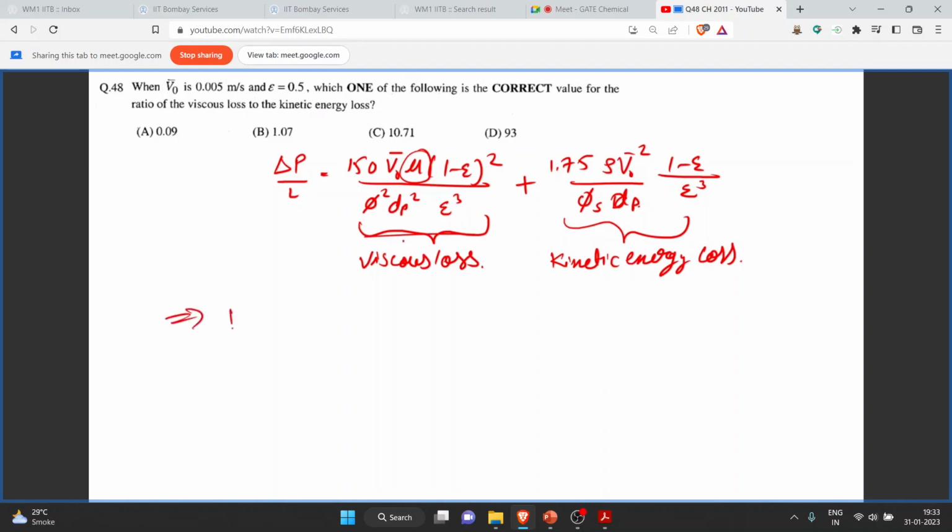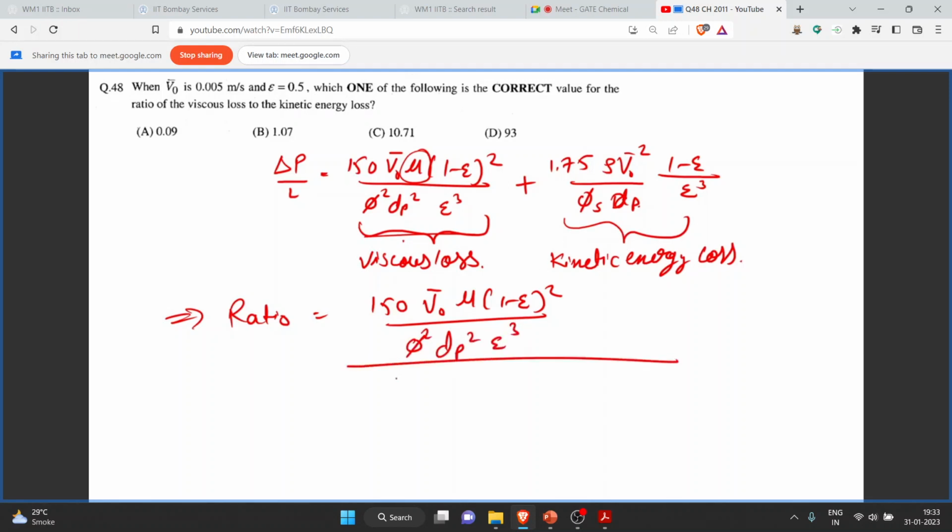So we can write the ratio as 150 V naught bar mu (1 minus epsilon) square upon phi s square dp square epsilon cube, upon 1.75 rho V bar square (1 minus epsilon) upon phi s dp epsilon cube. So let's just cancel all the common terms.